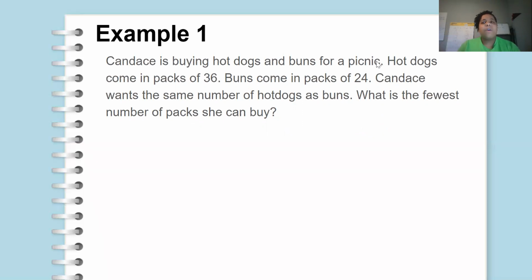Well, before I do that, what lets me know that I need to find the LCM? The word fewest. That lets me know I'm looking for the LCM. And because 36 and 24 are kind of big to know their multiples, I'm going to use prime factorization.